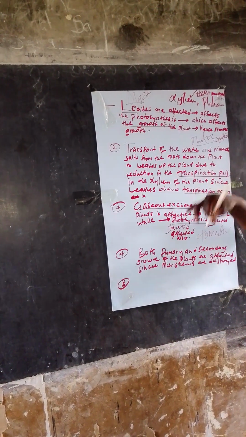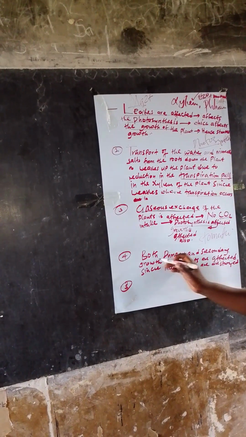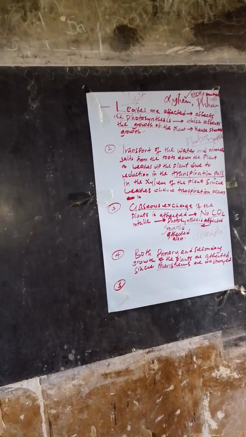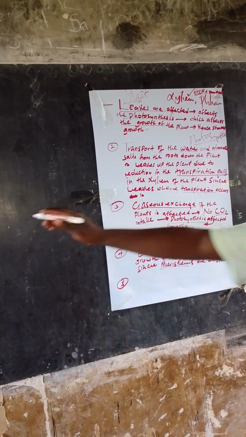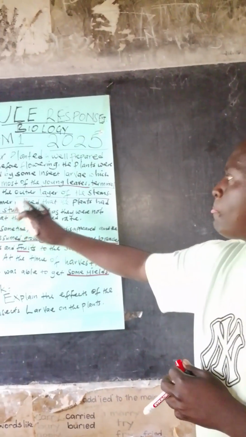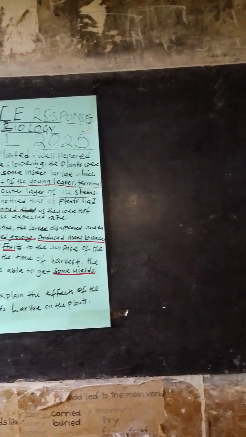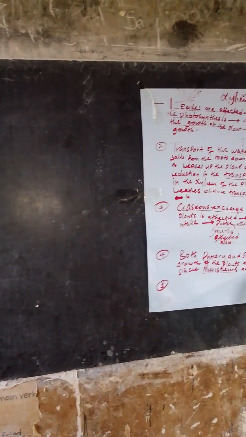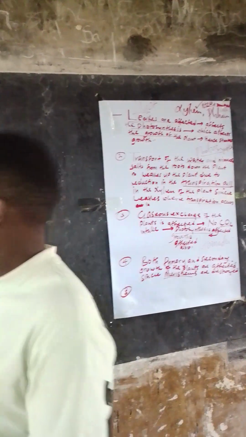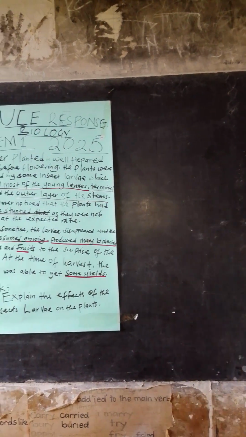So in order for the plant to grow, you need meristems to do cell division. So if I destroy the terminal buds, I'm affecting the growth of the plant. Automatically, I'm going to see stunted growth of the plants.